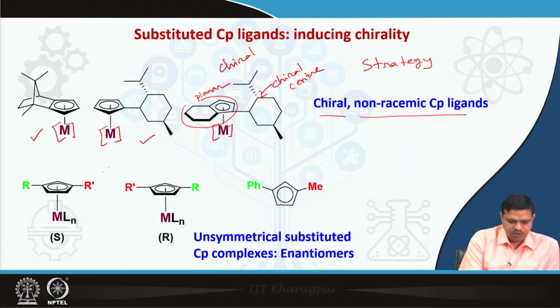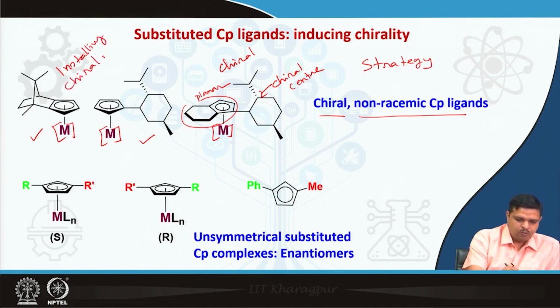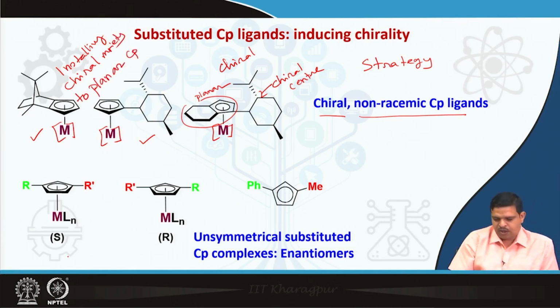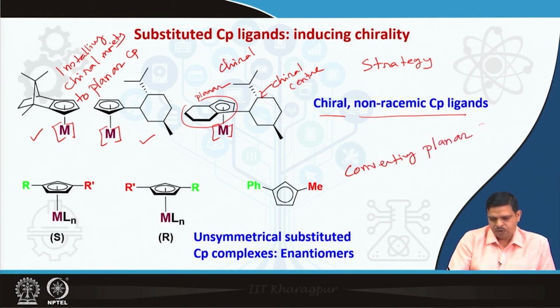Here we are putting the chiral moiety, so we are installing the chiral moiety onto planar CP, and here we are converting planar CP to induced chirality.